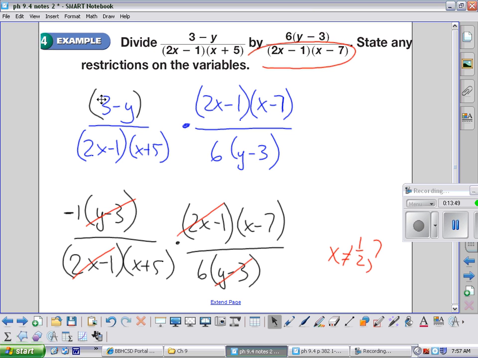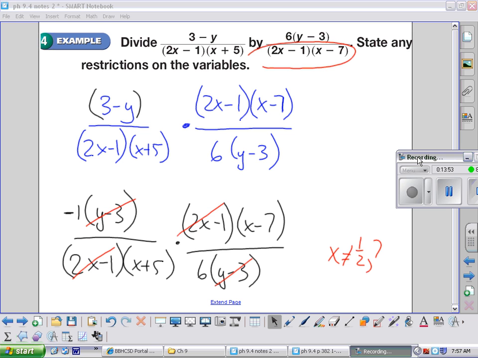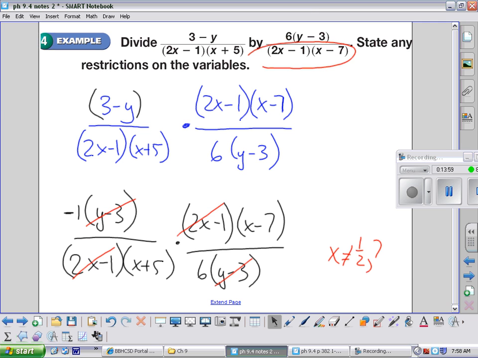So I'm going to wrap this up here. We got x can't be these. They can't be -5 would be bad as well. Right? And +3 would be bad. Okay? All right?